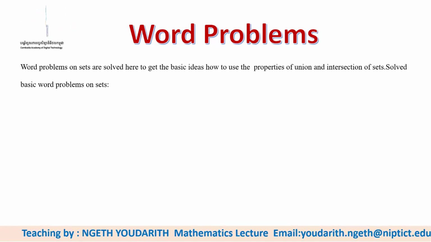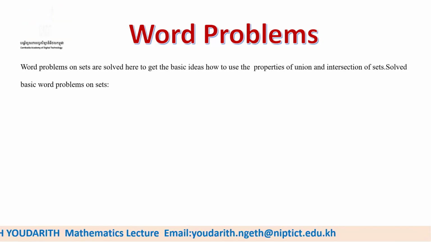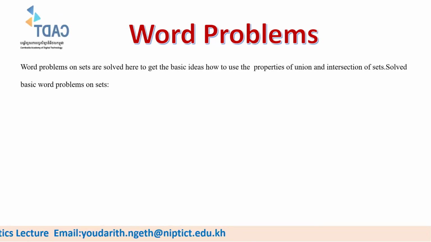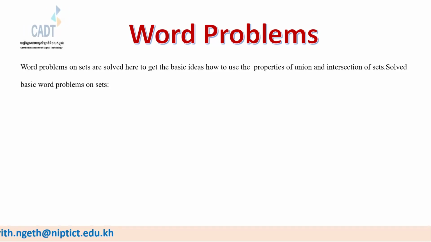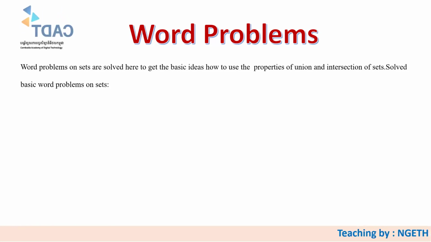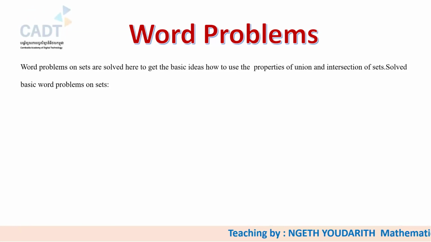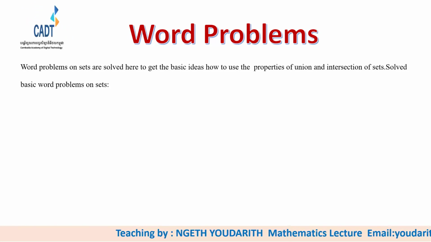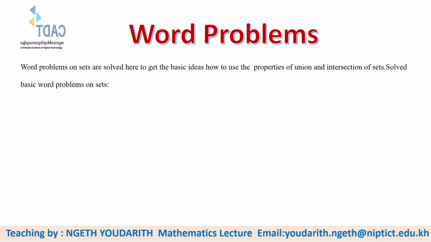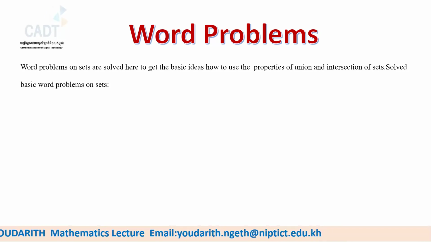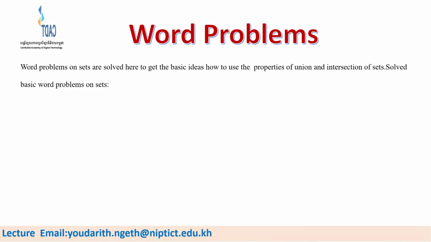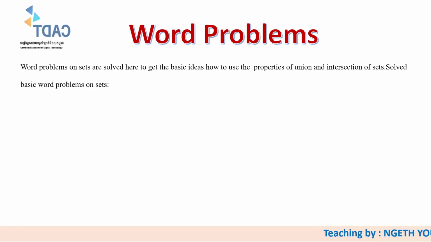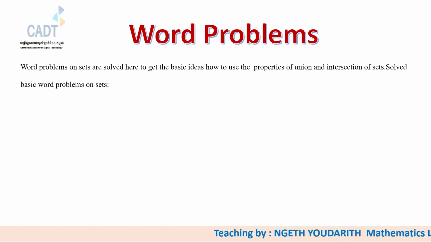The exercises give you problems, and we will solve them using the properties of union, intersection, complement, difference, or symmetric difference between sets. This is the word problem topic I will introduce as the new point in our sets series.